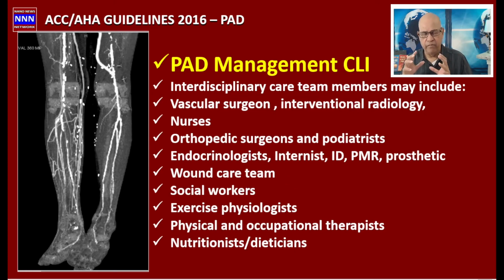If people are having chronic limb ischemia and a non-healing ulcer, that's a whole different team which has to deal with that ulcer, which involves the wound care team. Of course, the social worker to bring all these pieces of the puzzle together. Exercise physiologists to get them into a programmed exercise regimen to improve their tolerance for physical activities. Diet, nutrition, blood pressure control, and all these things go hand in hand.